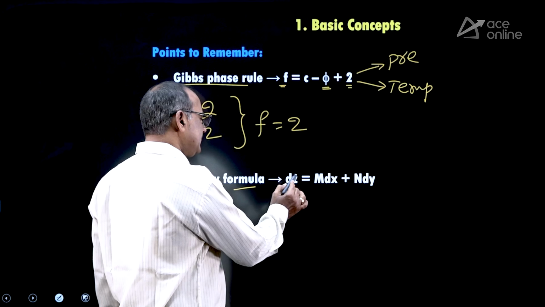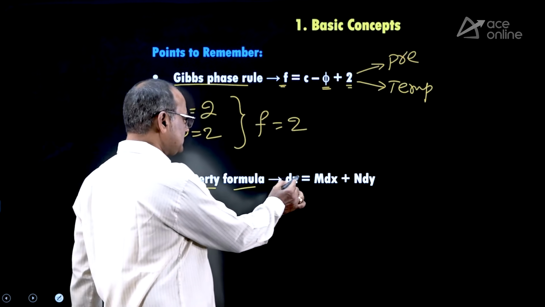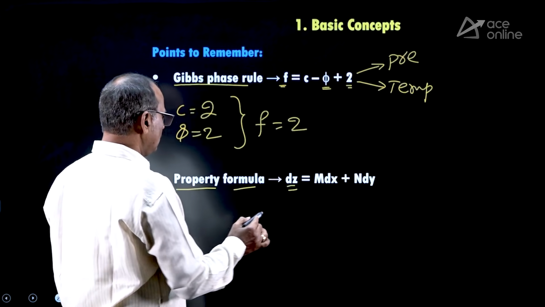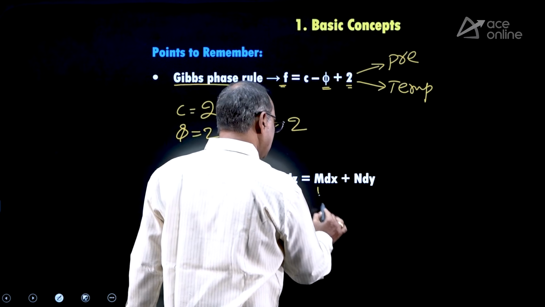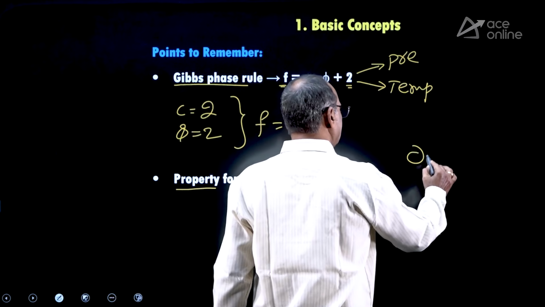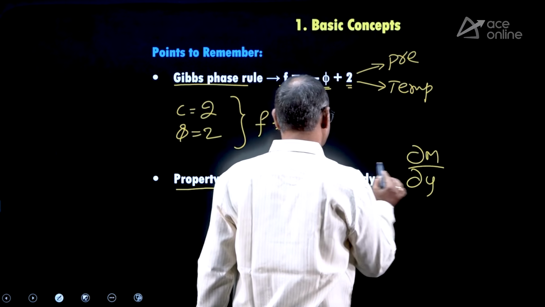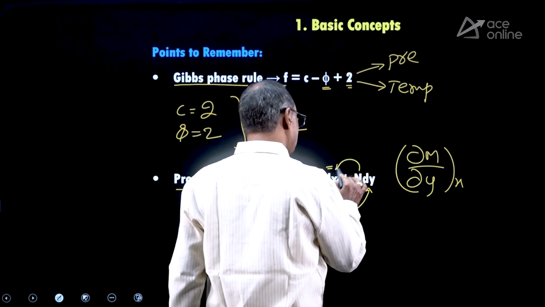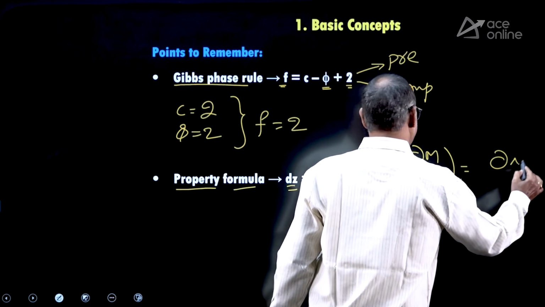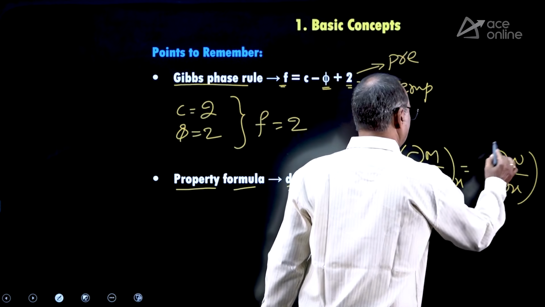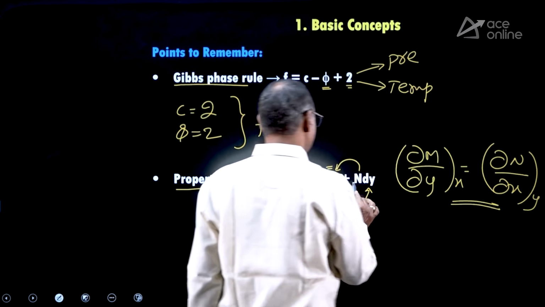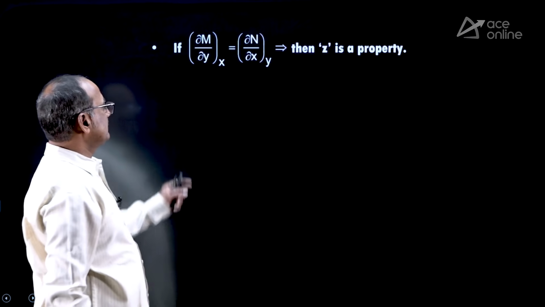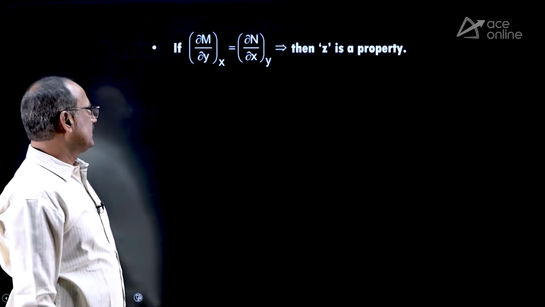Dear friends, remember, z is a property only when you differentiate M with respect to y, dou M by dou y at constant x, and differentiate N with respect to x, dou N by dou x at constant y. If these two quantities are equal, then only z is a property of the system. That is the condition for a property of the system, right?